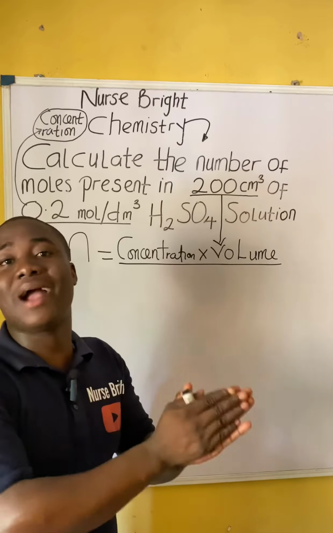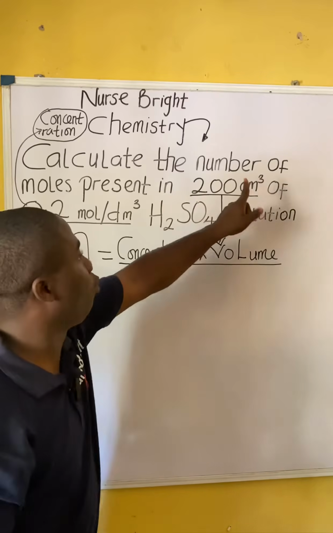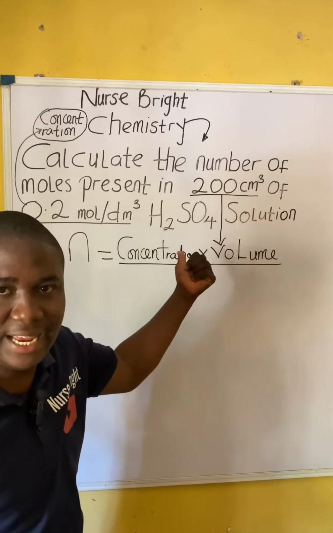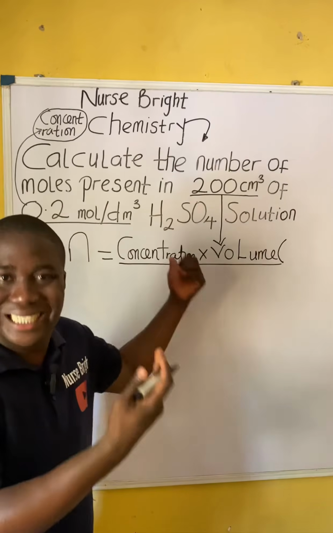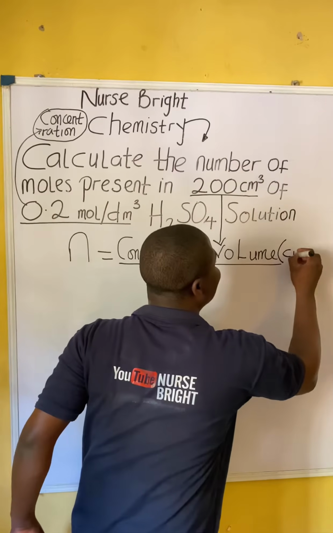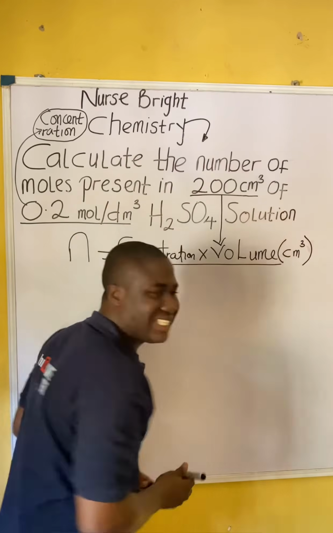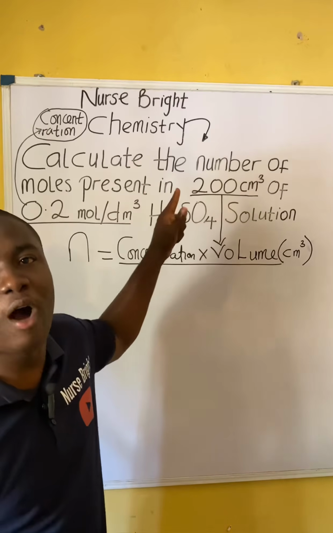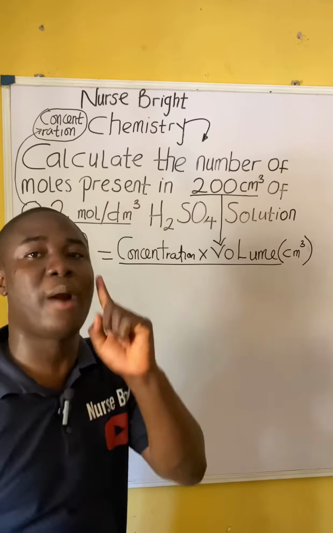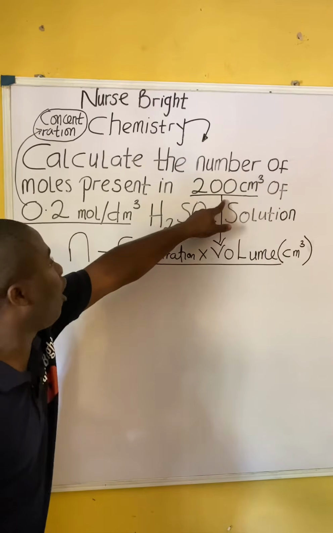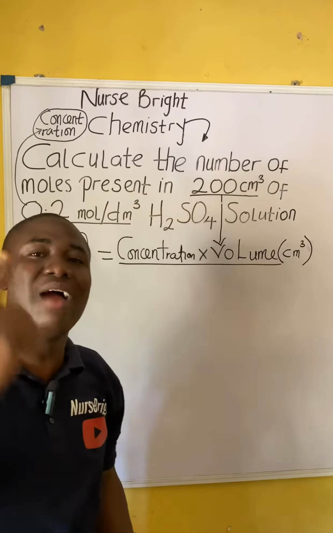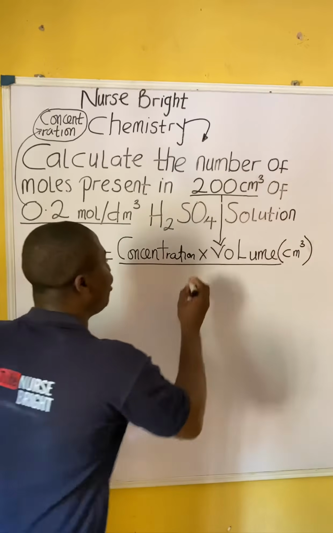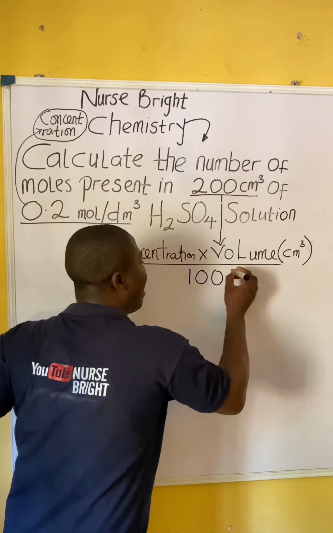In some practice questions the volume will be given in cm cube as seen here. Whenever the parameters given are volume and concentration, they are asking you to calculate number of moles, and the volume is in cm cube, you divide by 1000.